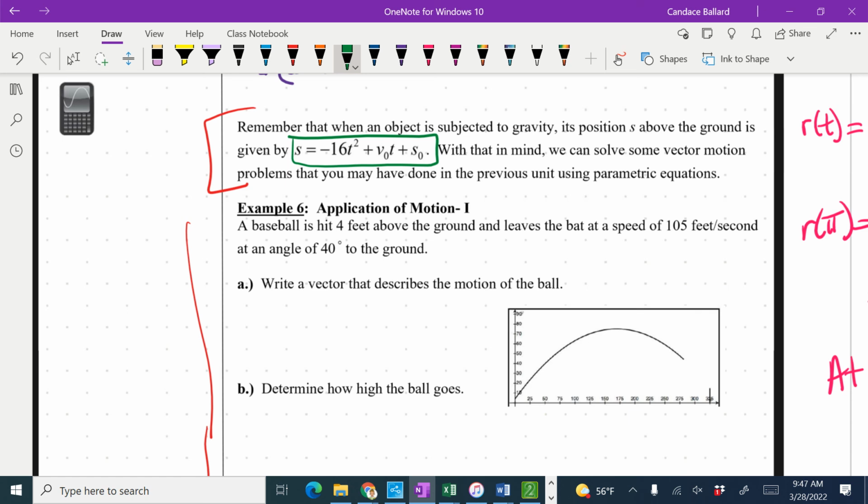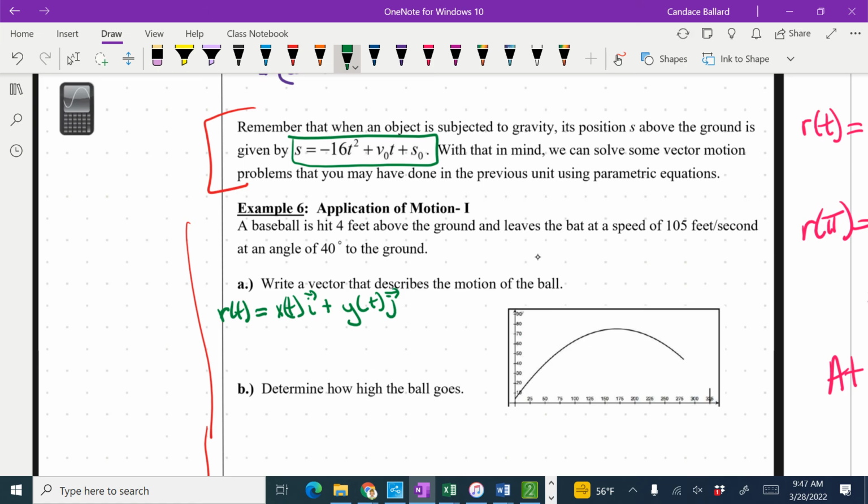So we're talking about our position vector. I'm going to start with r of t equals. What I am trying to find is my x component times i plus my y component times j.